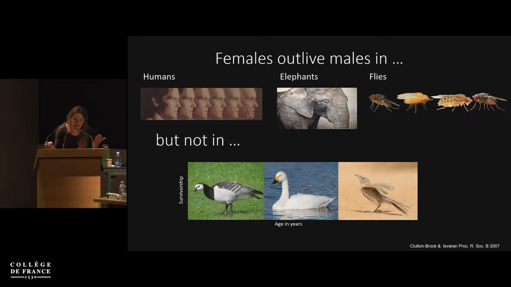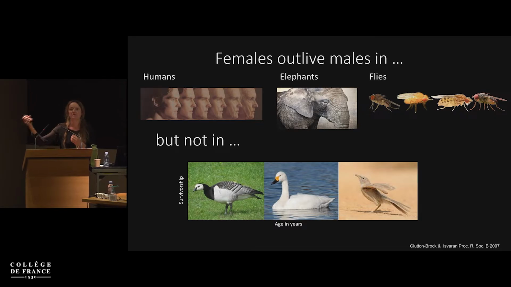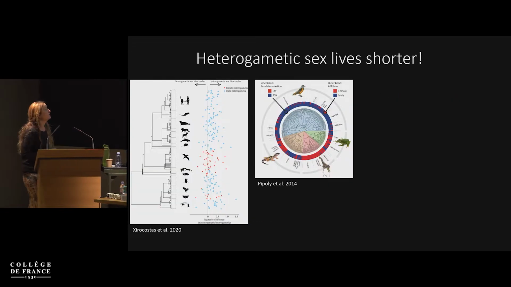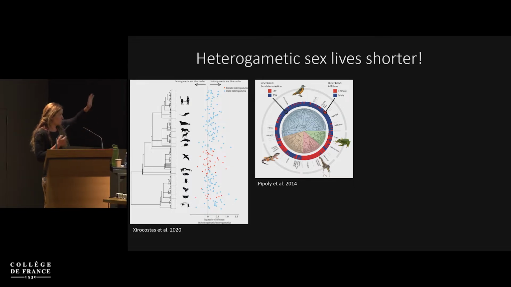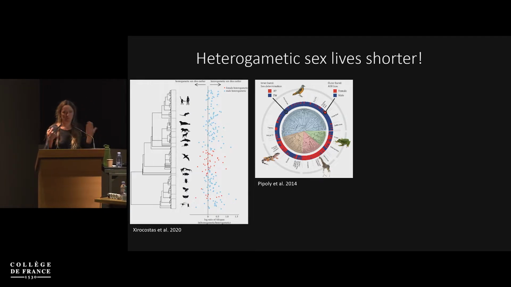And everybody in this audience here knows that in birds, it's actually the females that have a Y chromosome. So this data already suggests that it might not be being a male that makes you live shorter, but the presence of heteromorphic sex chromosomes. And indeed, there were a couple of recent studies showing on a more global scale that the heterogametic sex in vertebrates or across animals tends to live shorter than the homogametic sex.